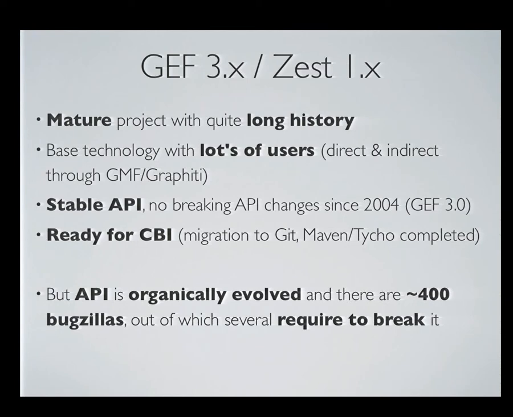So those who rely on GEF 3.x and Zest 1.x can rely on a stable infrastructure that will remain in place. But the problem is that as the history is quite long and as there haven't been any API breaking changes, the API is quite organically evolved, and we have a lot of bugzillas, feature requests, which we can actually not deal with without breaking the API.